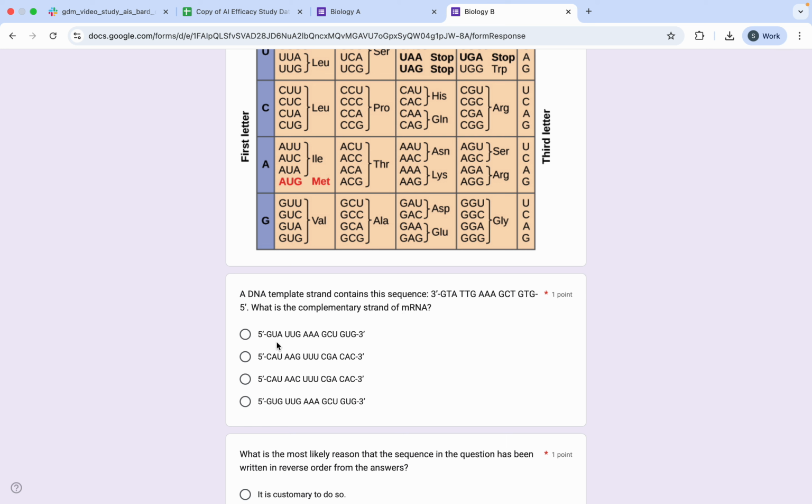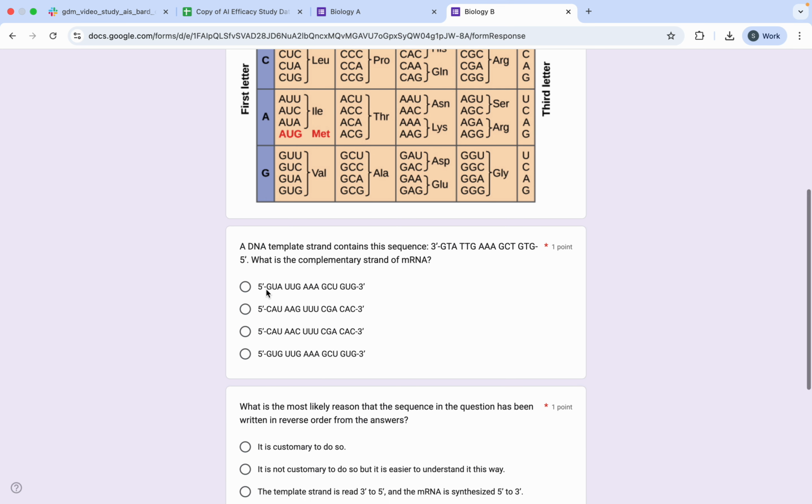Okay, so here we can see some options. I will go for the reverse of this process, right? So 5'. Okay, I'll go for this.